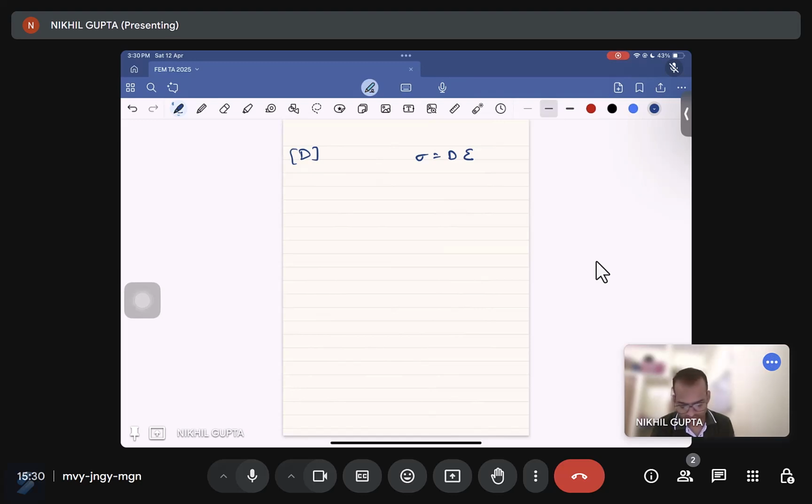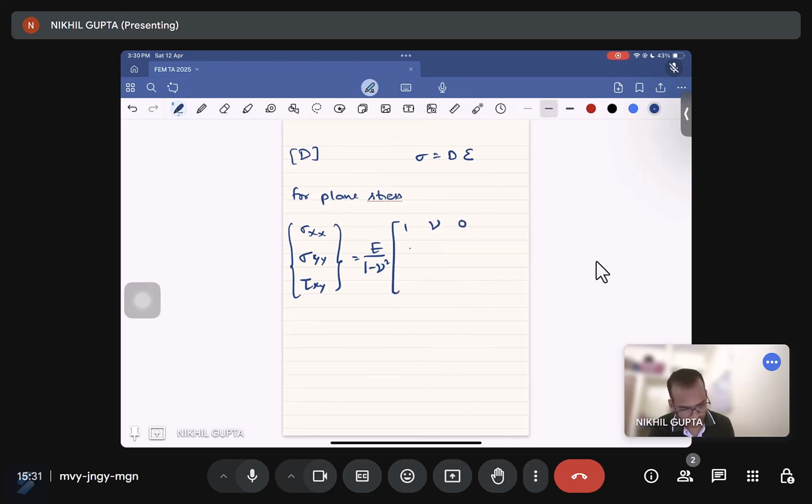Now for the 2D case, for plane stress, we have studied sigma xx, sigma yy, tau xy, which equals E upon 1 minus nu square, times the matrix 1 nu 0, nu 1 0, 0 0 1 minus nu by 2, and here comes epsilon xx, epsilon yy, and gamma xy.